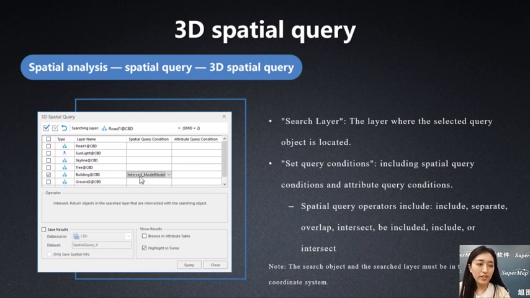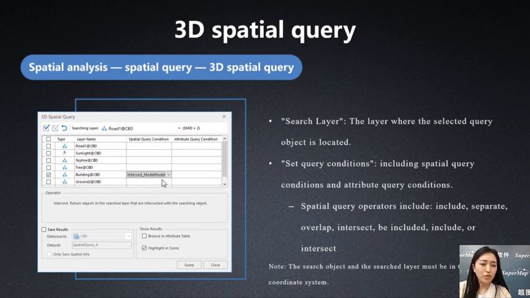So that is the window of the 3D spatial query, and for the searching layer we could select the query object before we query, and then we could set the query conditions, including the spatial query conditions and the attribute query conditions. In our exercise, we just set the spatial query conditions.